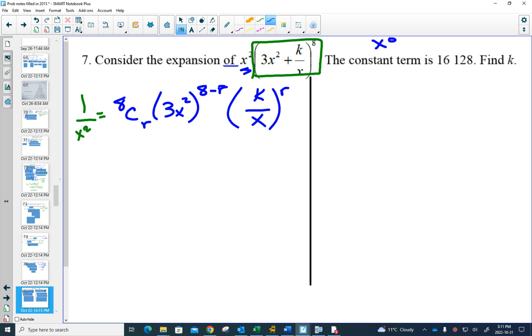And we need to problem solve to first find what that r would be. Again, we want to have an x squared on the bottom.